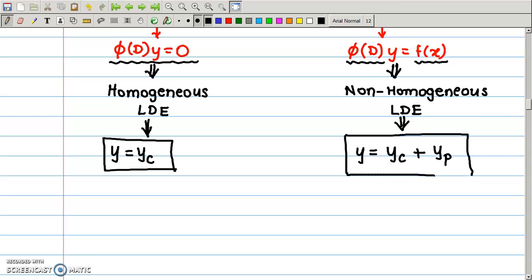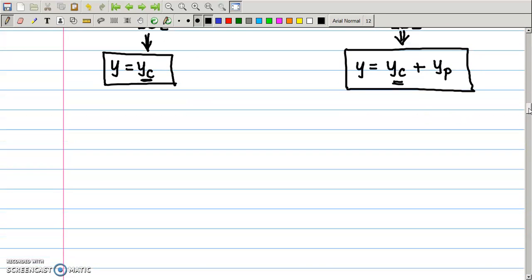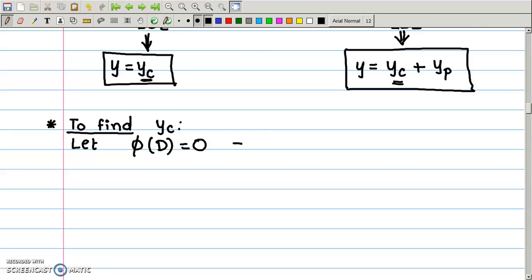So while solving homogeneous as well as non-homogeneous equations, we need to find the complementary function. So let's check how to find the complementary function. To find the complementary function, we consider the auxiliary equation equated to 0. Since this is a polynomial of degree n, we can find the linear factors or roots of this auxiliary polynomial.